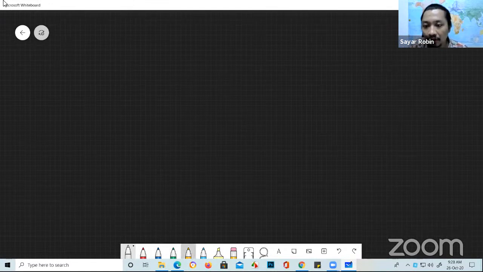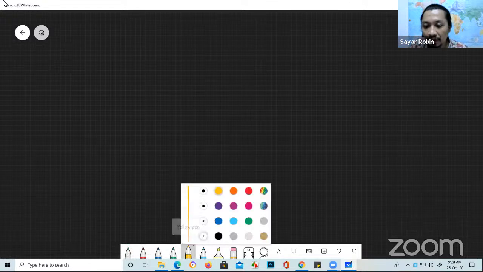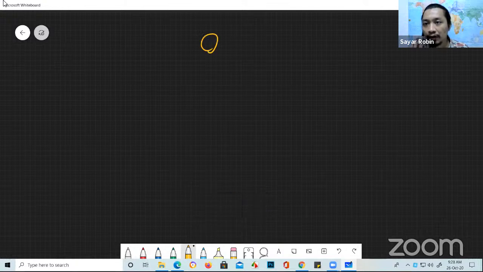Quadratic, right? I'm going to use the yellow color first. So you very often hear about the quadratic in your lessons in mathematics. Specifically, we are going to classify it into 4 parts.